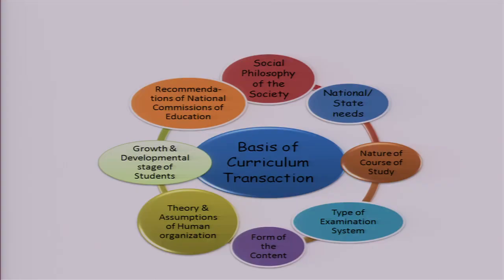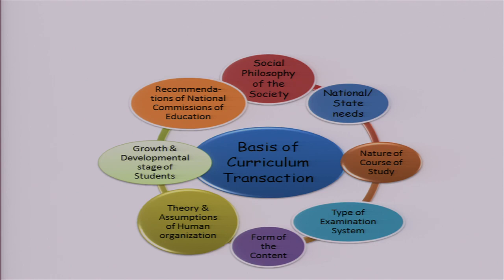Next, we will discuss the basis of curriculum. When we look at the basis of curriculum transaction, there are varieties of things coming under it. The first one, the social philosophy of the society. Second, national or local needs.